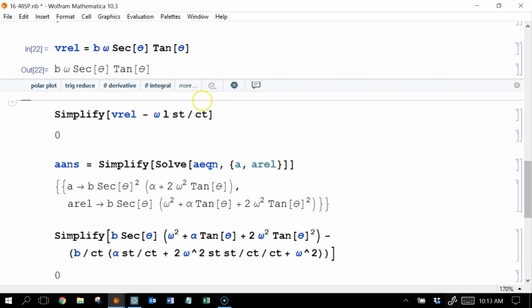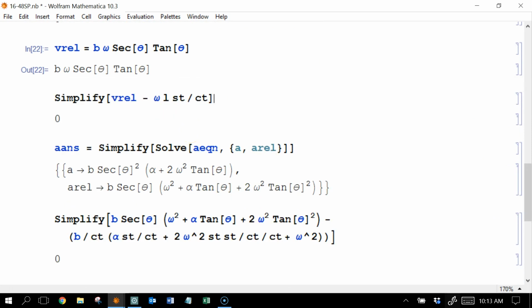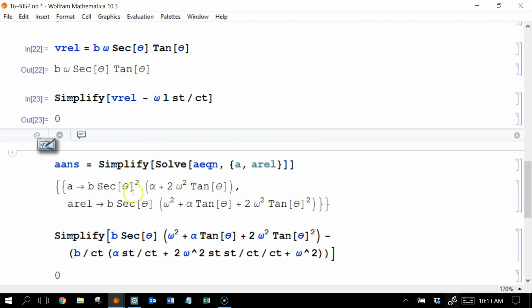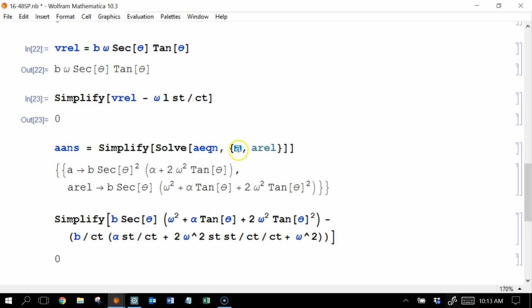And also I made sure that when I solved it by hand, I actually got 0, which I did. So that confirmed that when I solved it by hand, I got the correct value. Okay, so now I'm going to solve the acceleration equation, and I'm going to solve for the magnitude of acceleration and the AREL term. Not that you really need the AREL, but I went ahead and did it anyway. And then I just simplify it so that it looks nice and pretty.